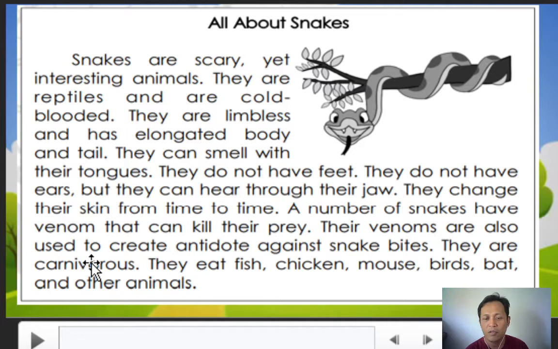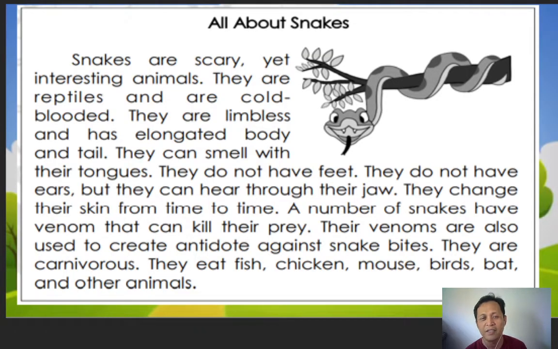So, carnivorous means they eat animals, smaller animals than them, of course. Or some big snakes, as you can see in the movies, could even eat a full-grown man.